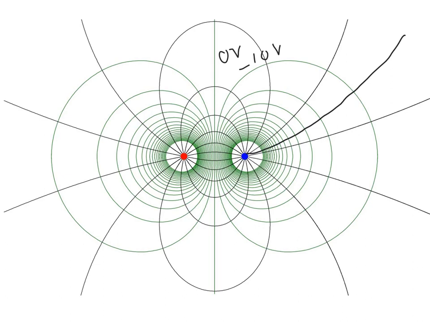Now, the other thing you can get from this is based on one of our other equations, E equals negative dV dx, meaning the electric field is the negative derivative of potential.